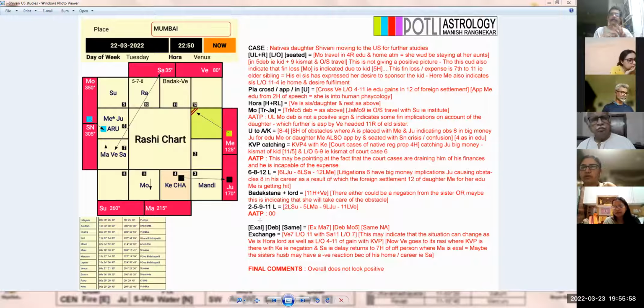If you want to go still further, Mercury, okay, I'm jumping a little bit. If you don't understand, step back. Mercury is seated in which Rashi, or which house? Second house. Second house is the house of speech.